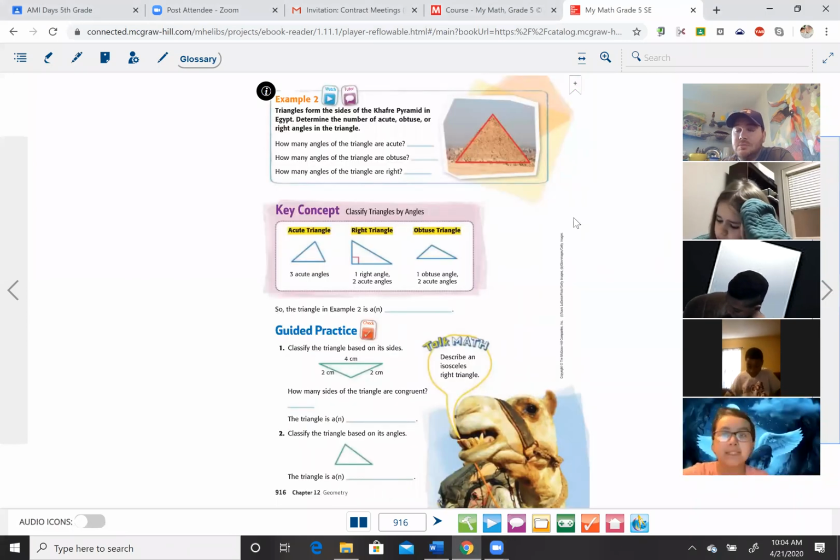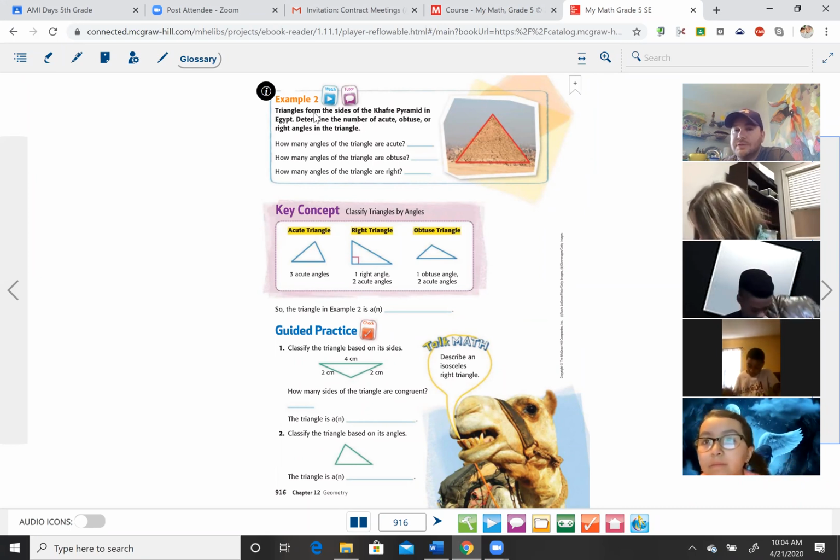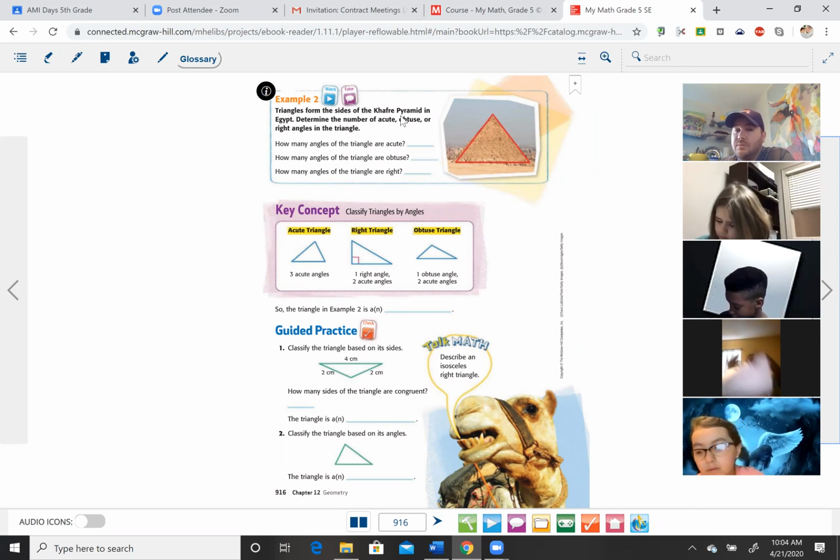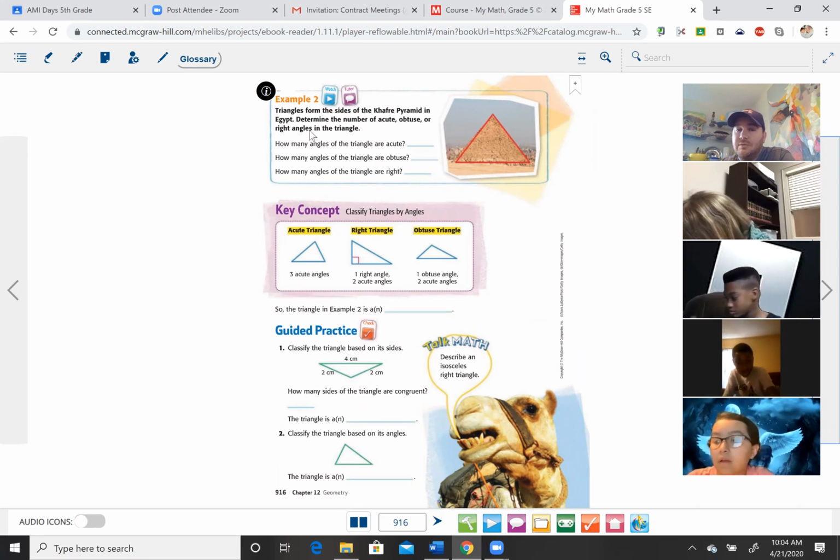But there's another set of key concepts that you also need to know, and that's right here on this page. So let's look at example 2. It says triangles form the sides of the Khafre pyramid in Egypt. Determine the number of acute, obtuse, and right angles of the triangle. We can clearly say that there's no right triangle because that's not 90 degrees, that's not 90 degrees, that's not 90 degrees.